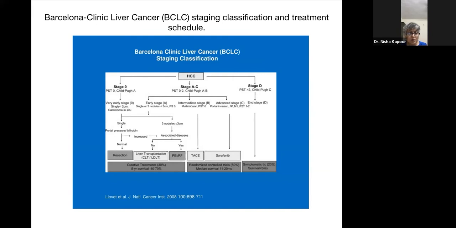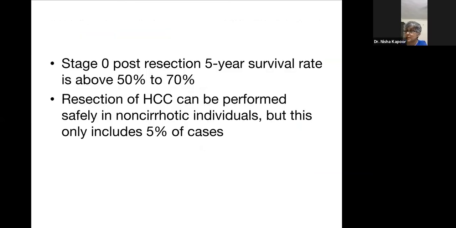And BCLC, of course, has always talked about no portal hypertension if you are thinking about going for a liver resection. When it talks about advanced liver disease or evidence of significant portal hypertension, then it recommends going for a liver transplant. So we see that stage 0 post-resection 5-year survival rate is above 50 to 70%, and resection of HCC can be performed safely in non-cirrhotic individuals.